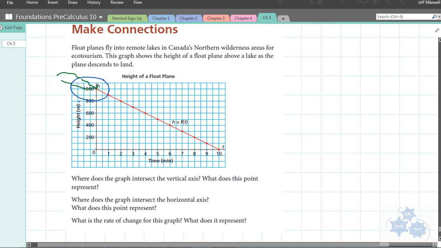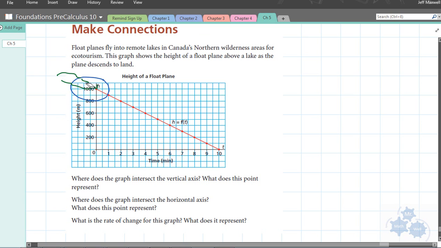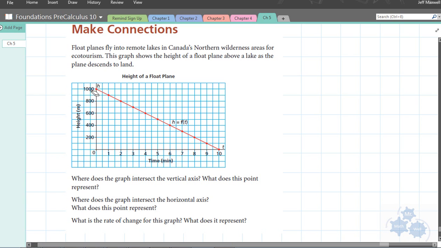What about some more detail? Again, what do we know about the start point? Yeah? Okay, that's a little bit better. At the beginning, this is the plane's height as it begins its descent. That's great. Or when we first start measuring the plane's height, it's at 1,000 meters as it descends. So yes, all of that is good. This is the beginning of the situation, but more importantly, it's the first point that we take.